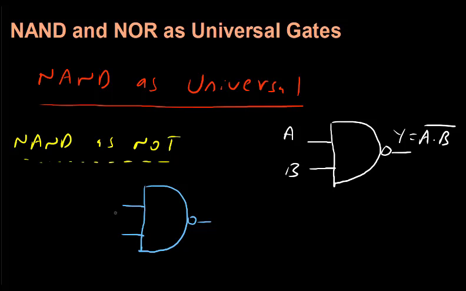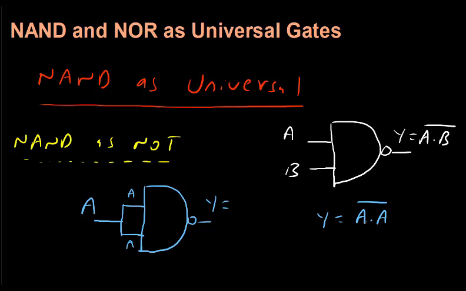For the working of NAND as NOT, we short the input, that is, connect both the inputs together and give a single input. Suppose this is A. What is the output Y? If the inputs are A, B, we have A and B the whole bar. Here both the inputs are A, so the output is Y equals A and A the whole bar.